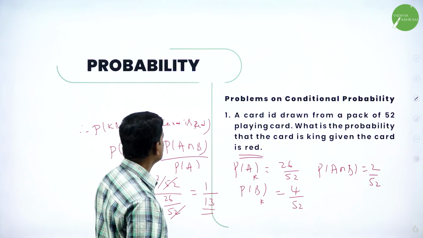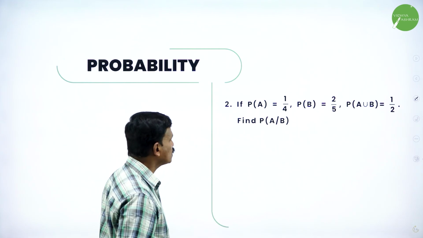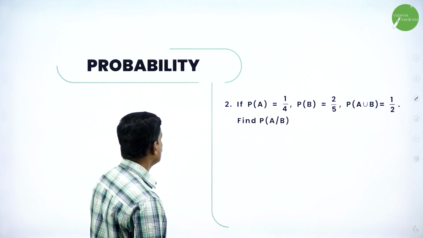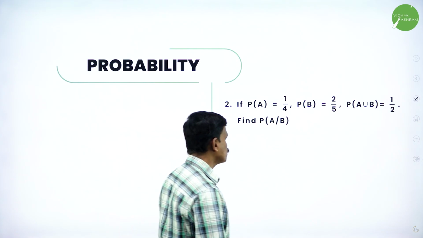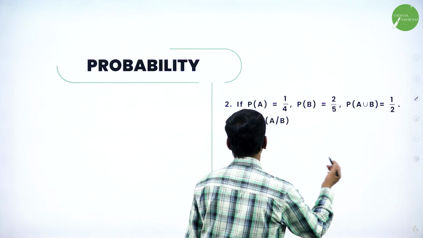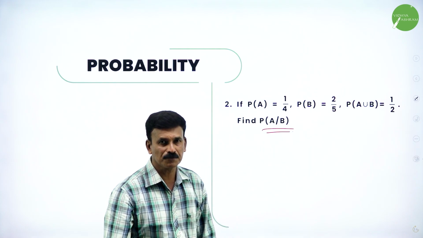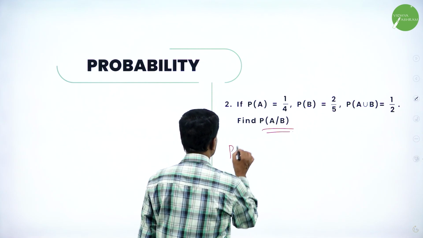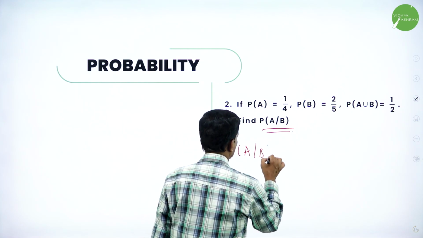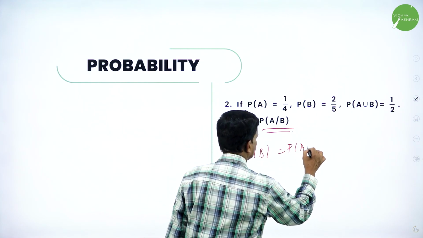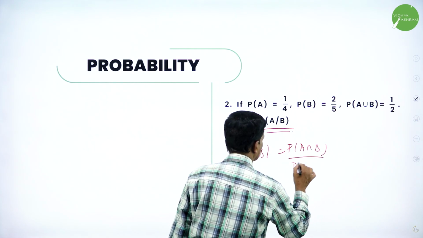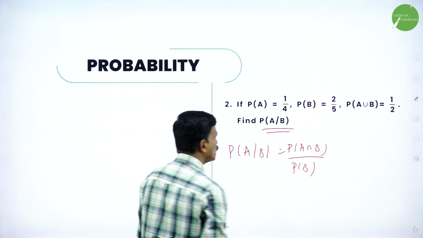Now move on to the next problem. The given problem is: probability of A is 1 by 4, probability of B is 2 by 5, probability of A union B is 1 by 2, and probability of A by B is to be determined. What is the formula for probability of A by B? Probability of A intersection B divided by probability of B. Now what is A intersection B?